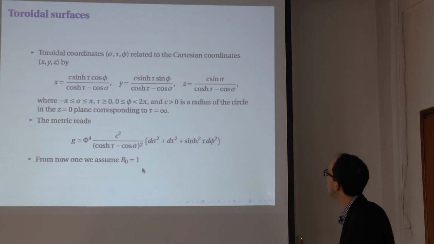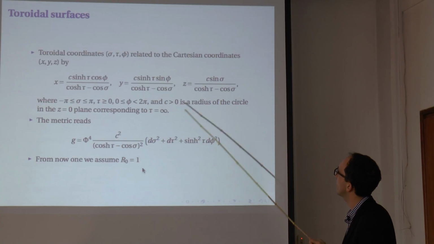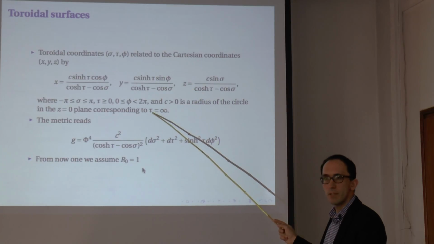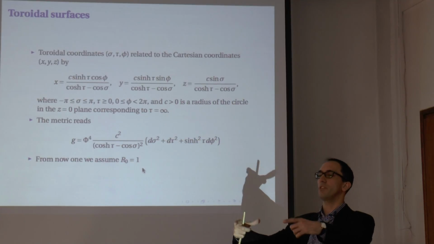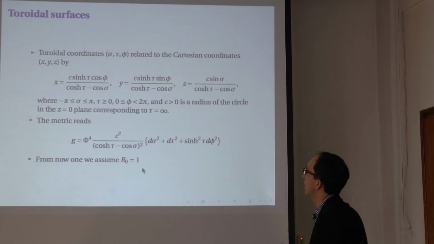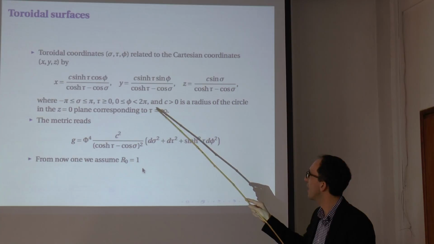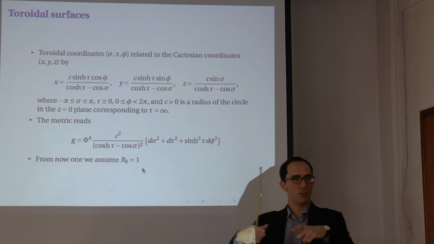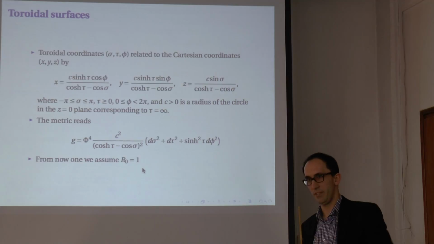Probably the only unusual thing in this setup is that tau plays the role of the radius, the distance from the circle in the equatorial plane, but it's measured in reverse order. So tau being infinity corresponds precisely to the circle in the equatorial plane of radius c, and tau being 0 is infinity.